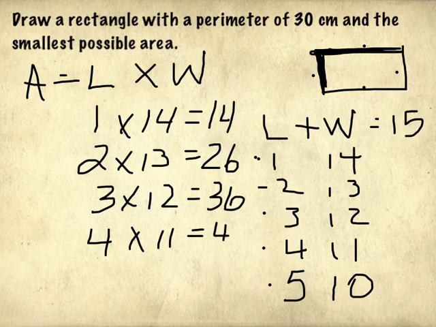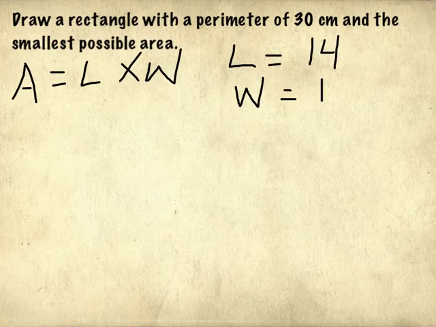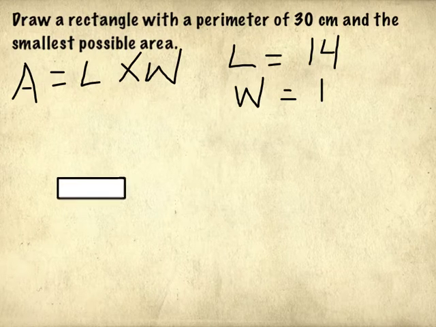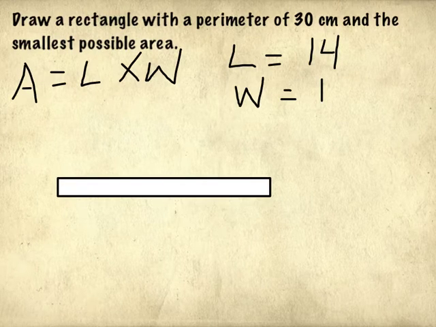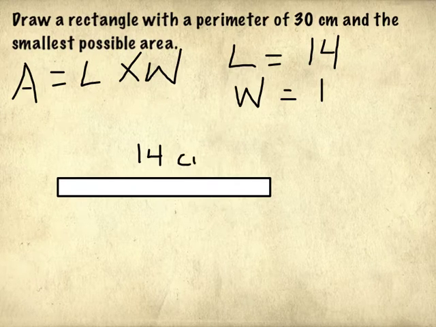So you're probably seeing a pattern right now. If I want the smallest possible area, I probably don't want to keep getting bigger. 1 times 14 is probably going to be my best bet. So now that I know that, I can draw my rectangle. And it's going to be really skinny because my length will be 14 centimeters and my width will be 1 centimeter.